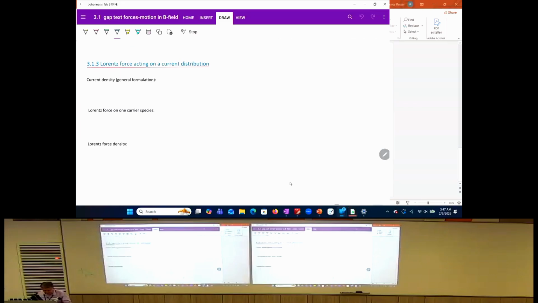So we have a current density that we denote with small j, equal to the charge of an individual carrier, times the particle density, times the velocity vector. In general, you may have different carrier types. And in that case, you would obtain your current density by adding up these different types of carriers, which I denote here with the index alpha, running from 1 to n.